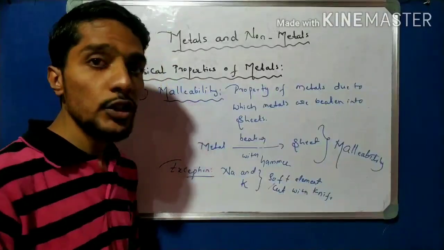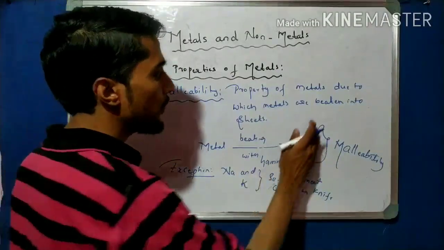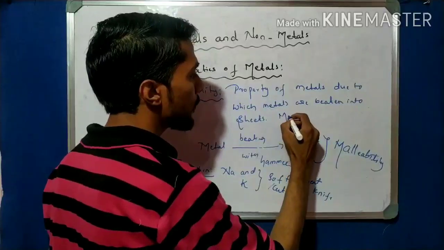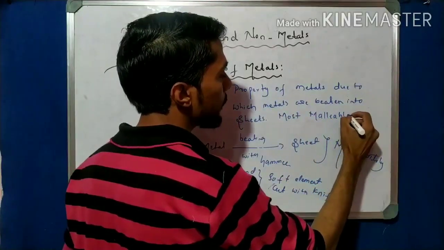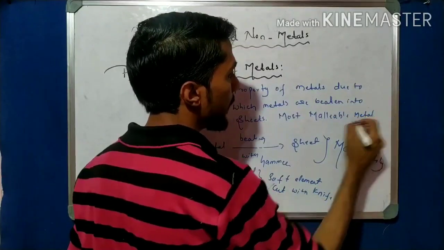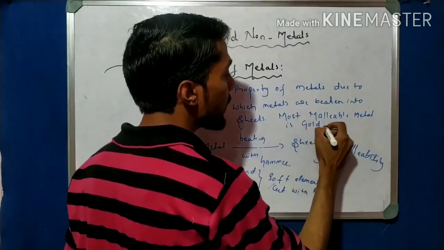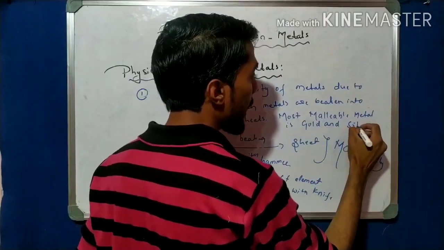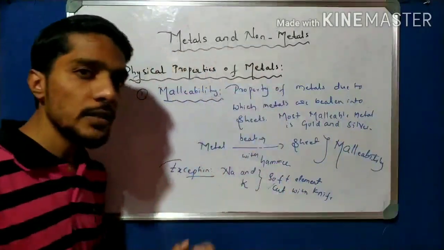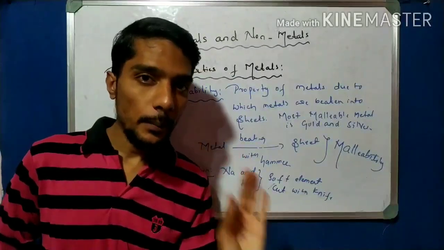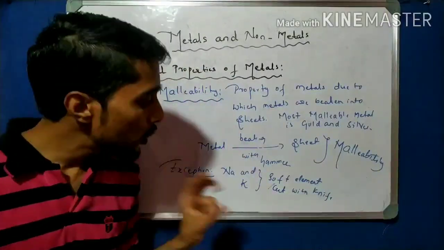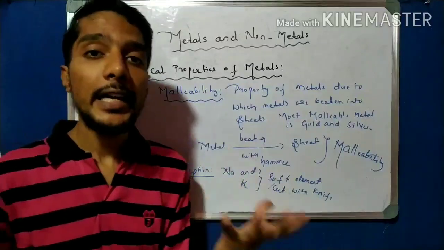And the most malleable metals, which is very important here, are gold and silver. All 92 elements are metals, of which 2 are exceptions, leaving 90.